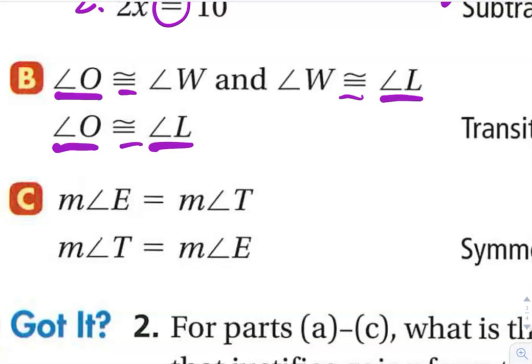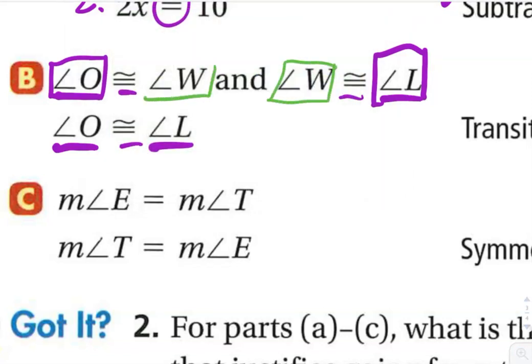Typically, you're looking for 2 different angles or segments connected by the same one, right, for your first 2 statements, and then your third statement is making that connection that the first and the last, O and L, are congruent, right?